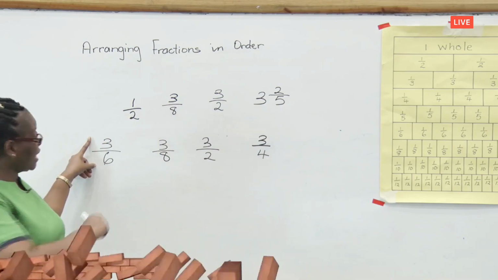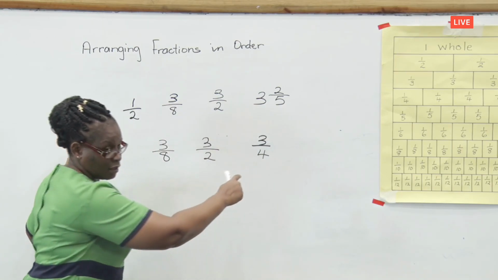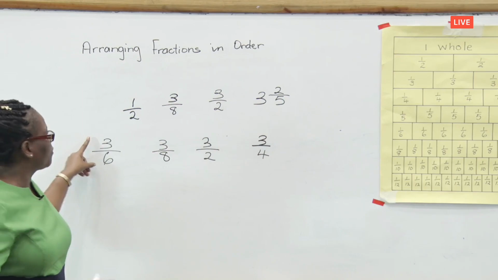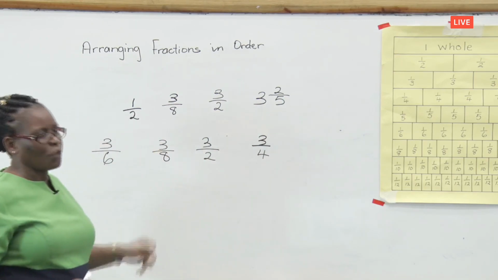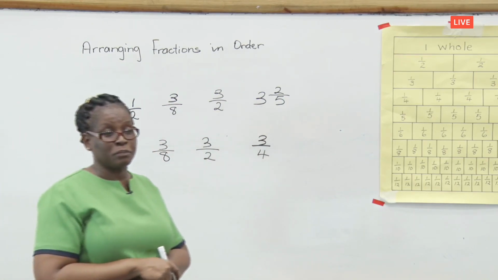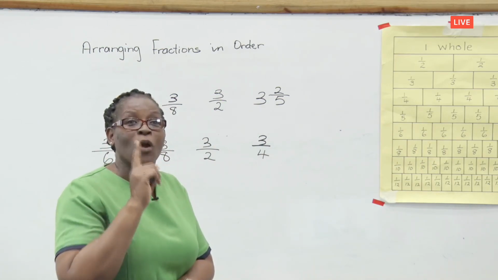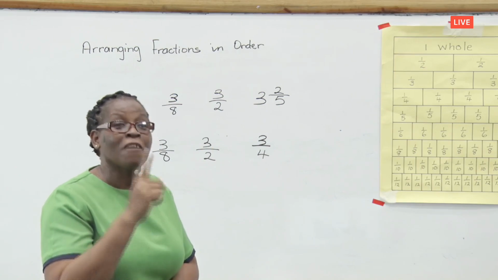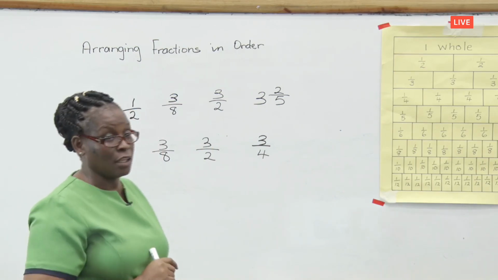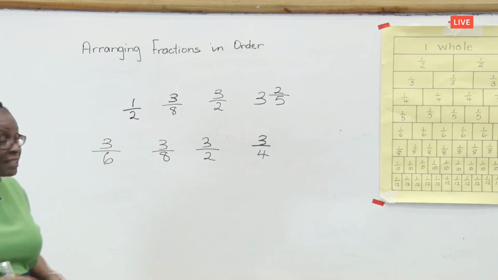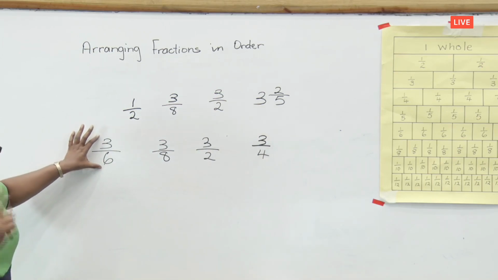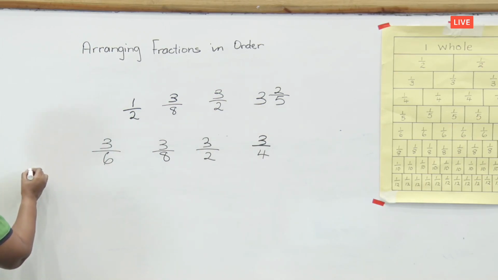So let's say this is 3/6, and we are going to draw diagrams for each of these fractions. What should happen to my whole? Correct. All my wholes must be the same size.